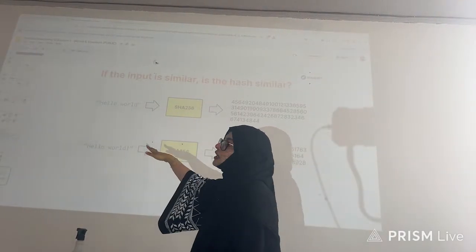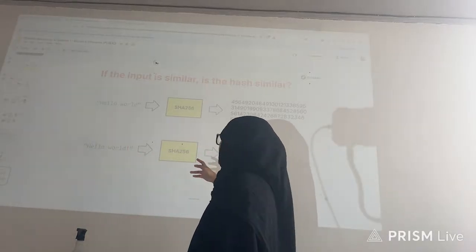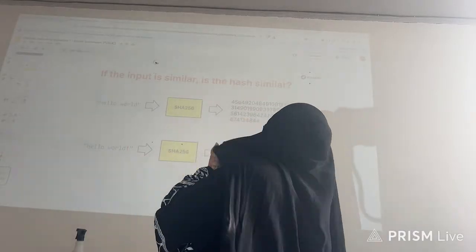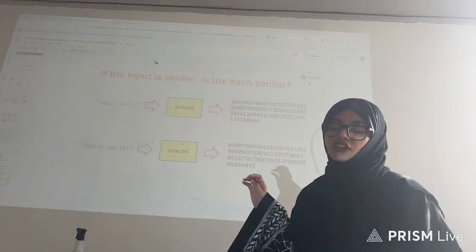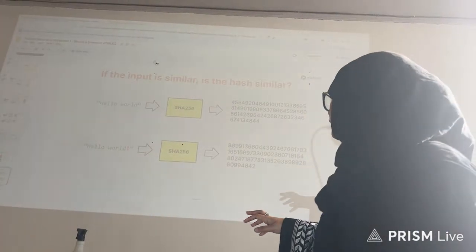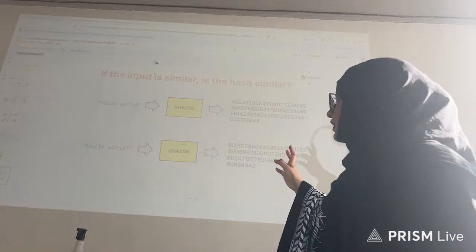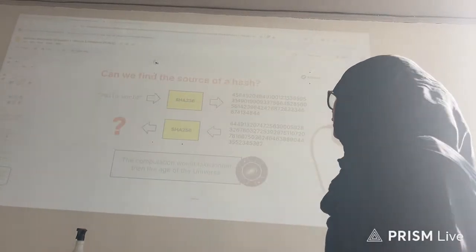You put the same input in again, you get the same output, and then you compare those outputs. Even if you change a single character, like we added an exclamation mark there, the entire hash completely changes.